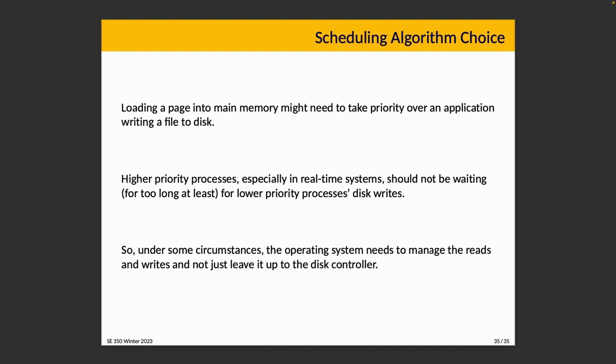Ideally, high priority processes aren't waiting too long for low priority processes' disk writes. Again, they can't wait forever. We don't want to allow starvation, but under some circumstances, the operating system really does have to manage the reads and writes and can't just leave it up to the disk controller, because the disk controller lacks the context that the operating system has.